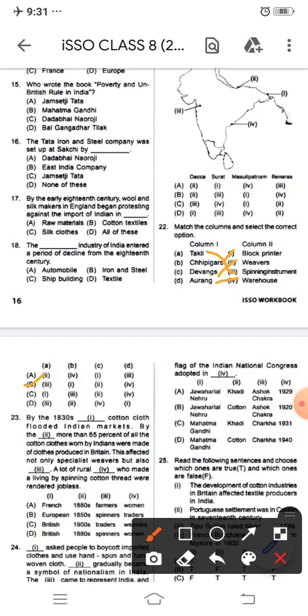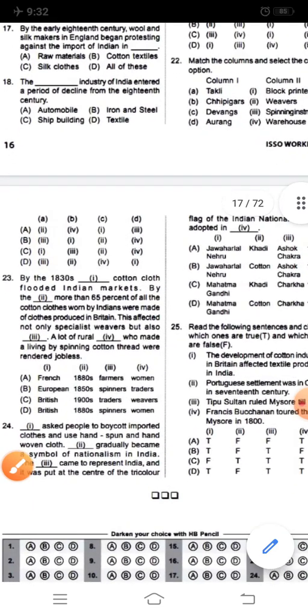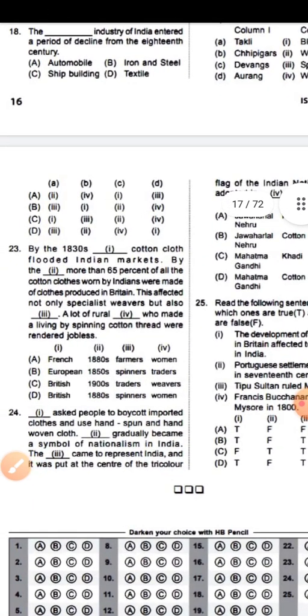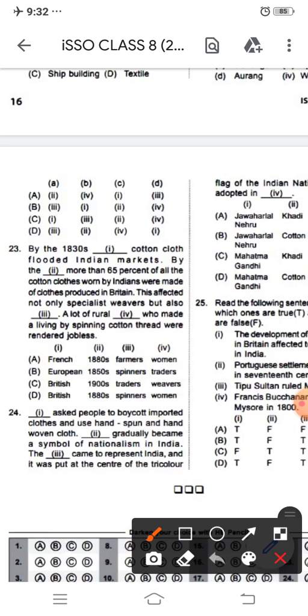That affected not only specialist weavers but also Roman III, a lot of rural Roman IV who made a living by spinning cotton thread, who were rendered jobless. This is also a series-based question. The correct option I'm going to choose is option D.